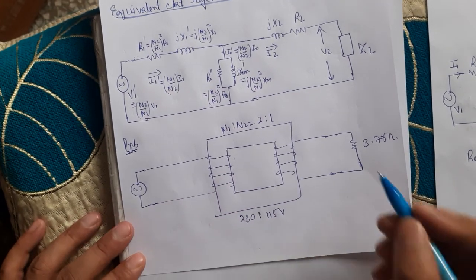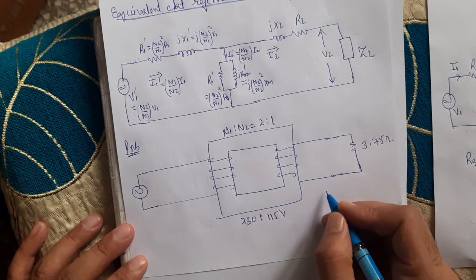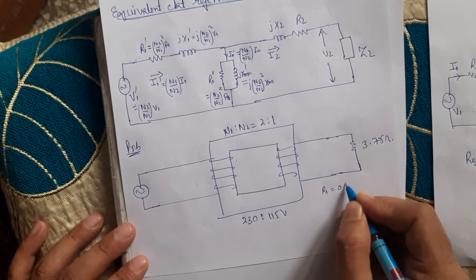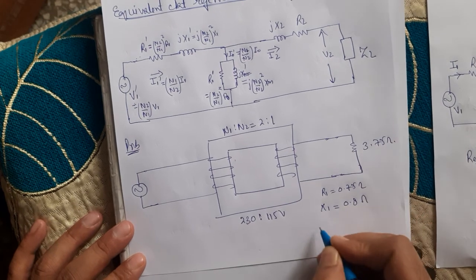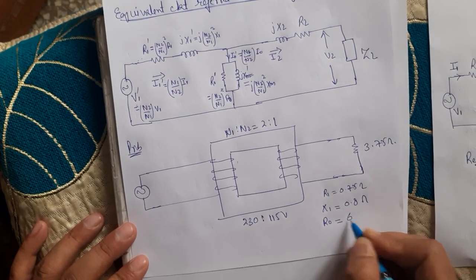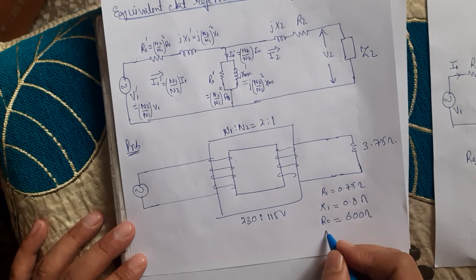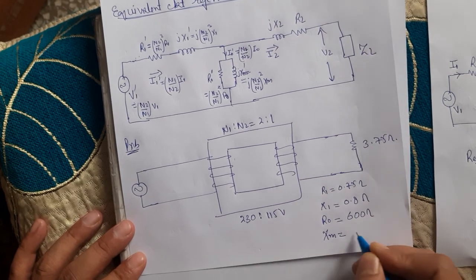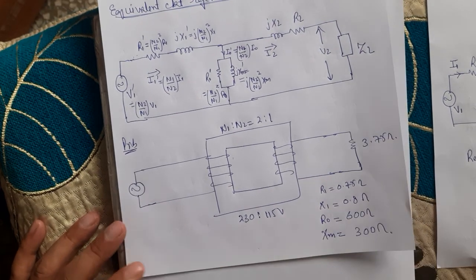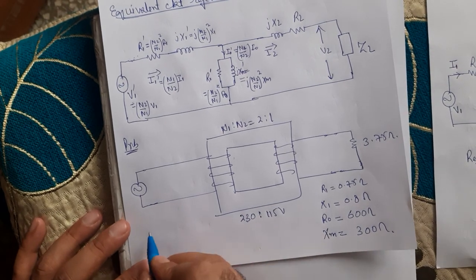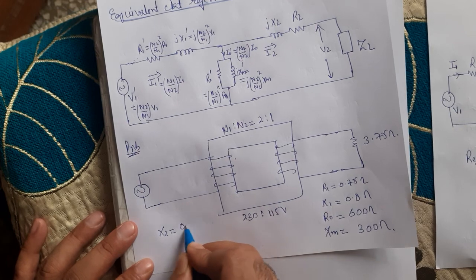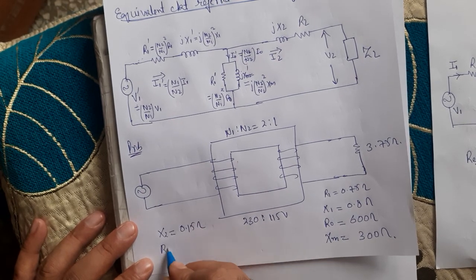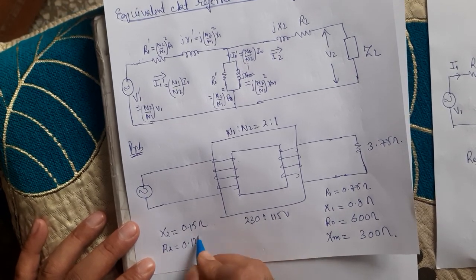The other data on the primary: R1 is 0.75 ohm, X1 is 0.8 ohm, R0 is 600 ohm, XM is 300 ohm. On the secondary side, we have X2 equal to 0.15 ohm, R2 equal to 0.125 ohm.